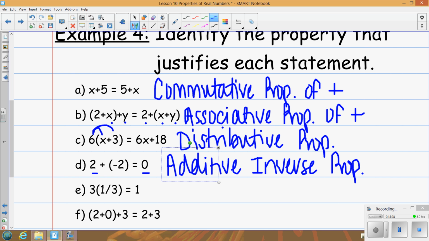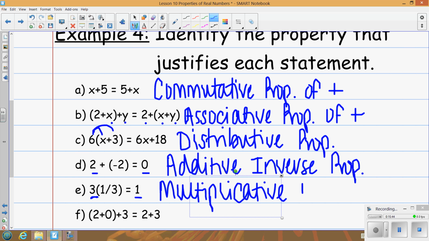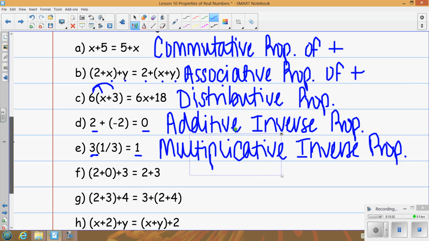The next one, we took 3, we canceled it out to get the multiplicative identity. So we did the multiplicative inverse. So remember, whenever you're getting the identity, that means that you're doing the inverse because you're going back to the identity.